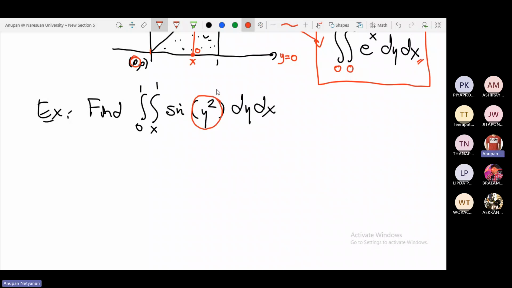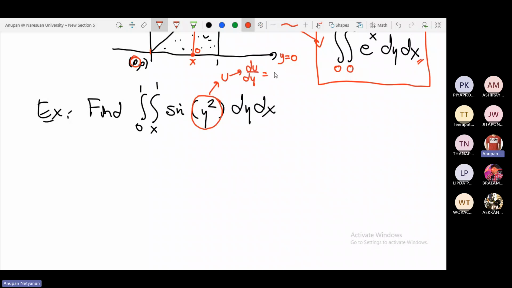Okay. You can see that if this is your u, again, the way to check if this method is going to work is, what is your u? You take the derivative. Since your u depends on y, because it's equal to y squared, you take the derivative with respect to y.